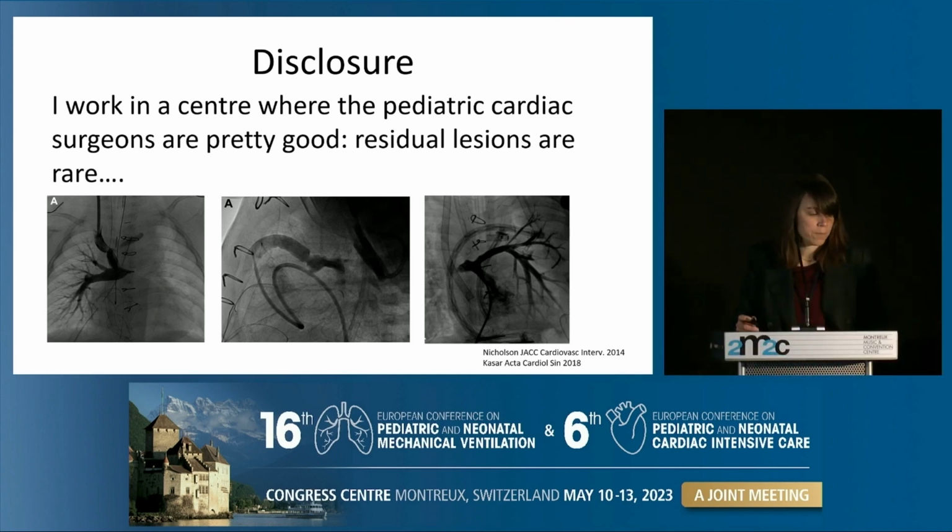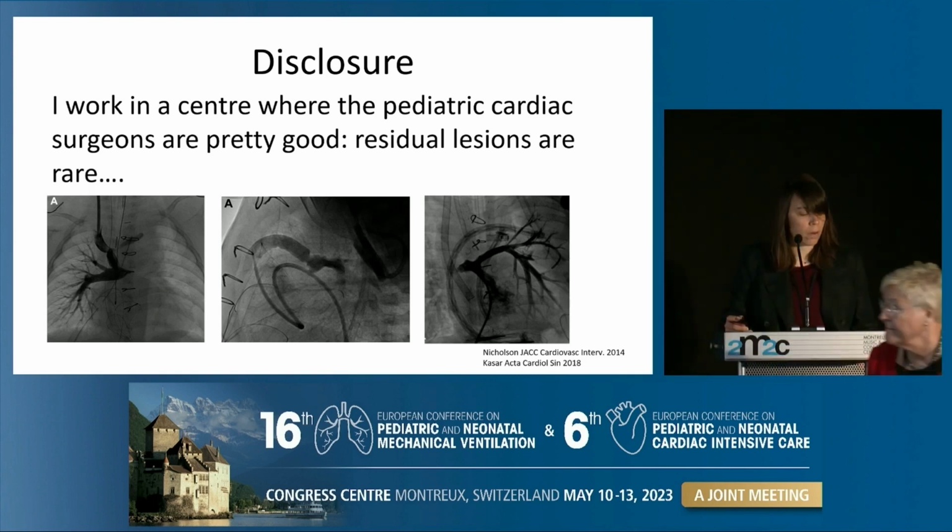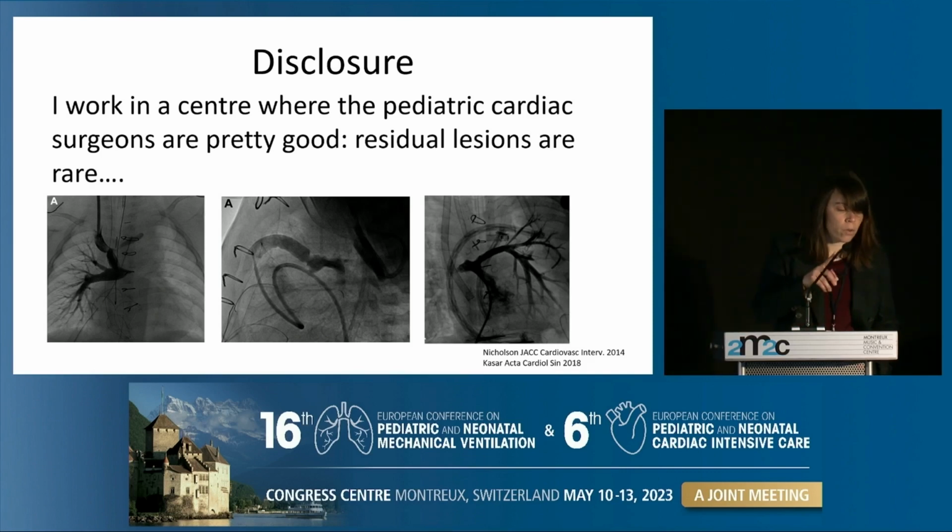On the left side of the screen, you have a complete occlusion of the left PA and of the SVC after a Glenn procedure. In the middle of the screen, a very severe stenosis of an RV to PA conduit, and on the right side of the screen, a complete occlusion of the right PA. There is no data or study to show it, but we all know that, of course, the better the surgeon, the less residual lesion you have.